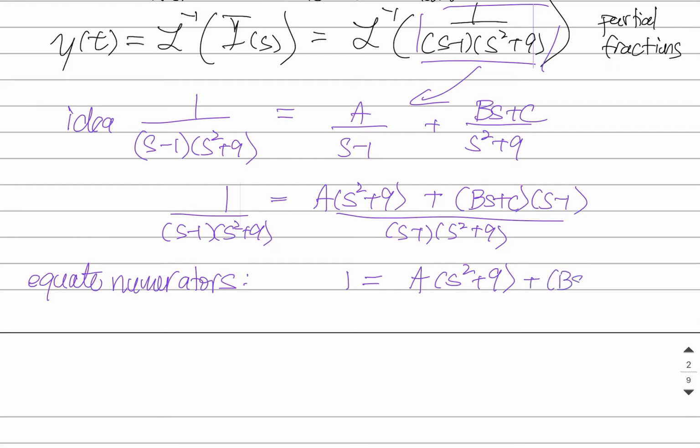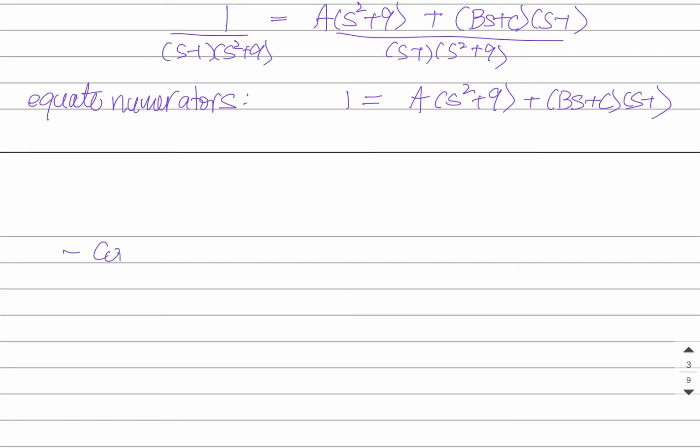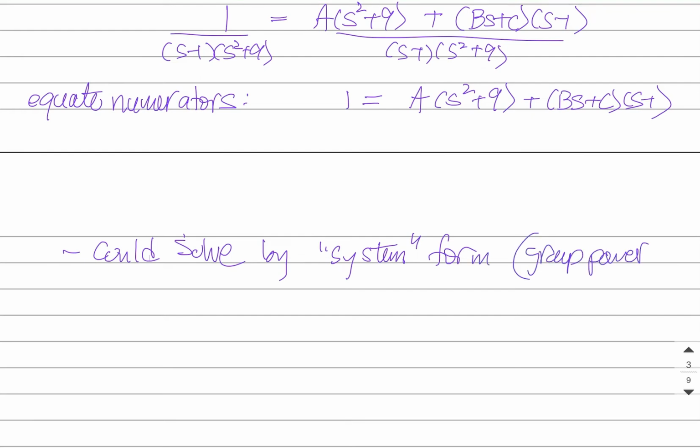Because of that, you're going to see that there are multiple ways of obtaining these partial fractions. We could solve by the system form, where you group powers of s, but I'm going to try a different way.